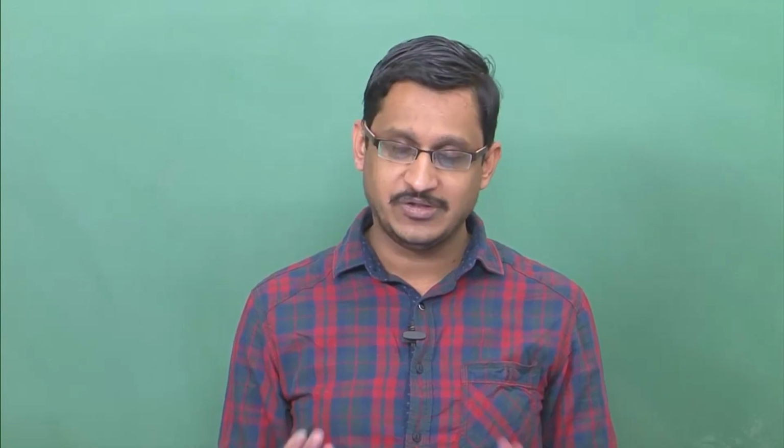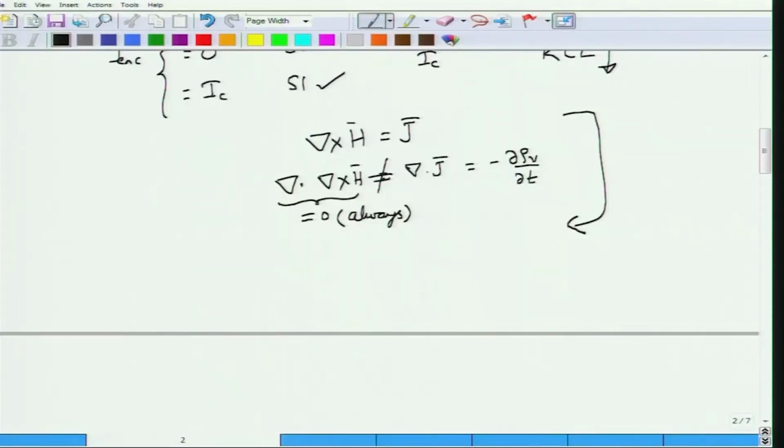Maxwell arrived at this very profound way of observing this after a lot of thinking, and one thing I have to mention is that Maxwell did not have the advantage of using vector analysis. The way I have shown you the mathematical inconsistency is that the divergence of curl of H is equal to 0. However, when Maxwell formulated electromagnetic theory, vector analysis was not yet invented.